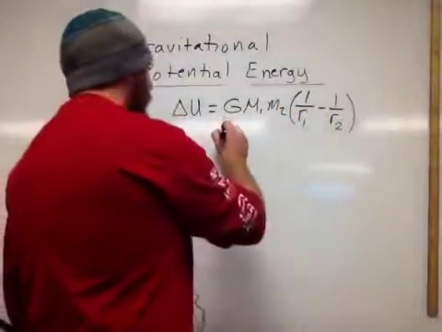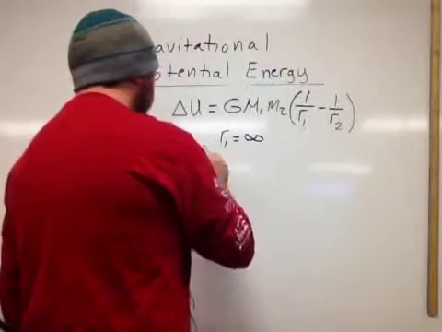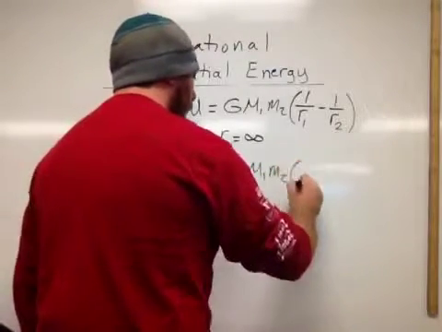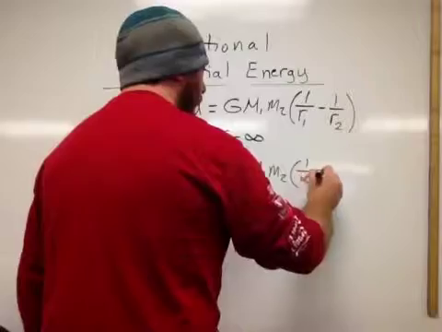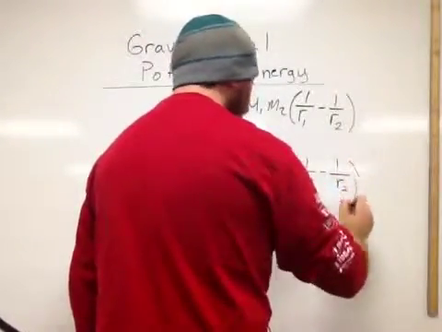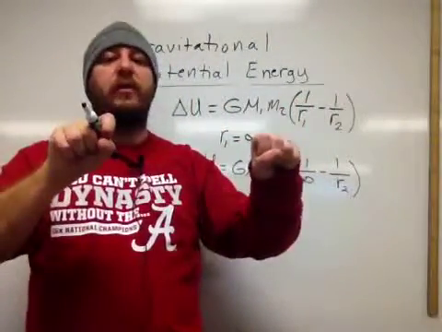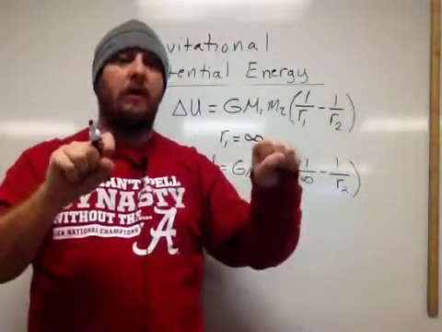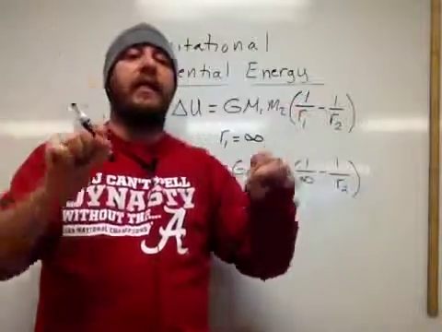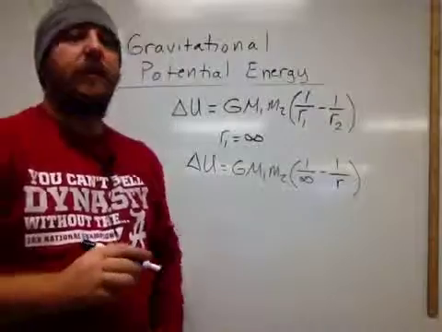If that's the case, if R1 is infinity, then delta U is going to be G M1 M2 times 1 over infinity minus 1 over R2. And because R1 is infinity, I can drop my subscript on R2 now because it's just going to be some distance r. If I have infinity as my initial point, then my final point, I don't necessarily need a subscript. So I'm going to drop my subscript here.